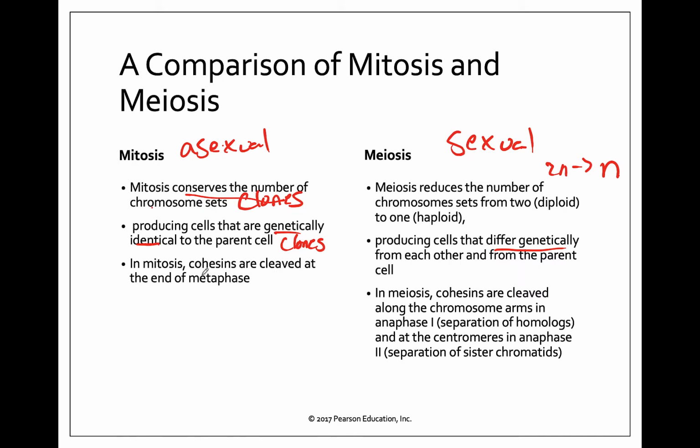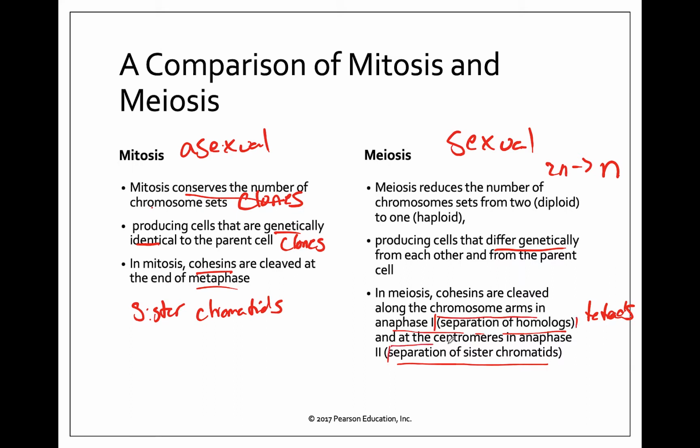In mitosis, we have the cohesins cleaved apart during metaphase. This means that we're separating sister chromatids. In meiosis, Anaphase 1 separates homologs, those tetrads, whereas Meiosis 2 is going to separate sister chromatids. This is something that you absolutely should know.